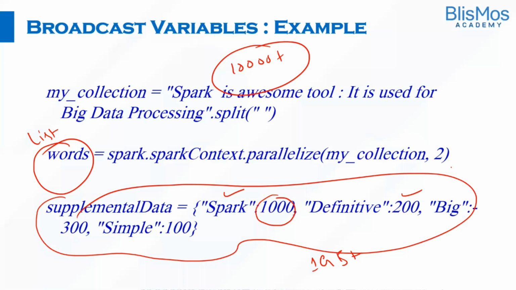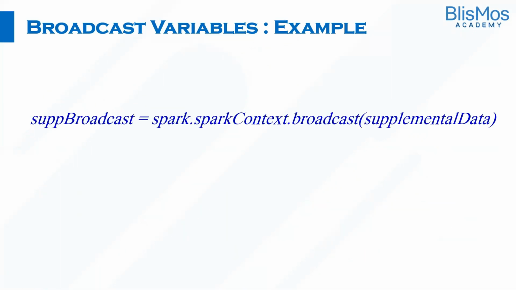It's kind of a lookup table. You can say Spark is given a number as 1000, definitive as 200, and so on and so forth. If this information which you want to supplement to this RDD is more than 1 GB, that is when we can use the broadcast variable.